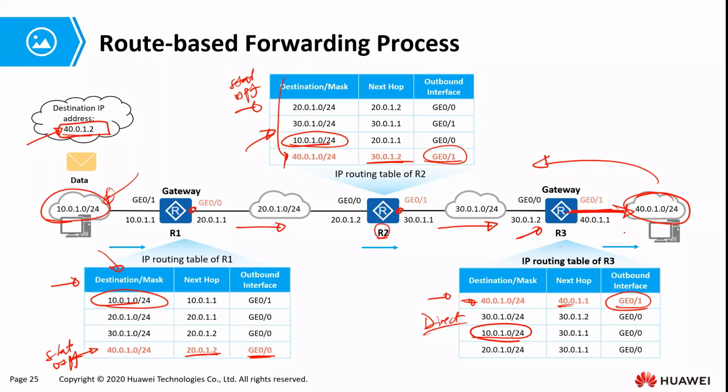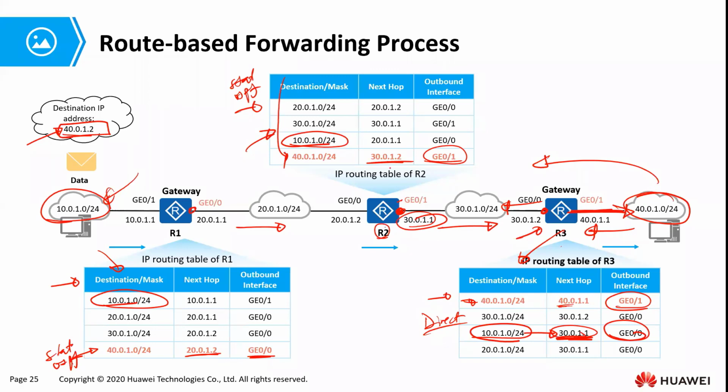So this one, when it receives the reply, it will check its routing table, see the destination network and the next hop. The outbound interface for this one is this one. So it will send the packet out of there to its next hop, which is that.